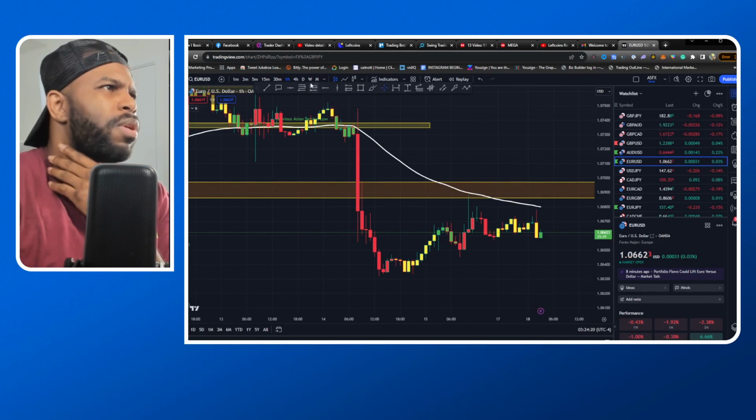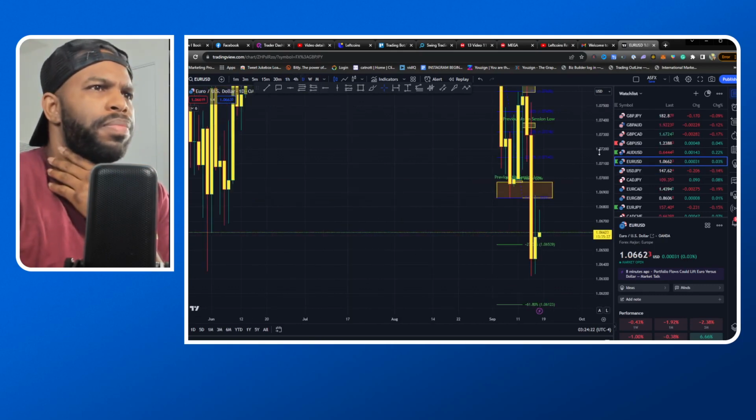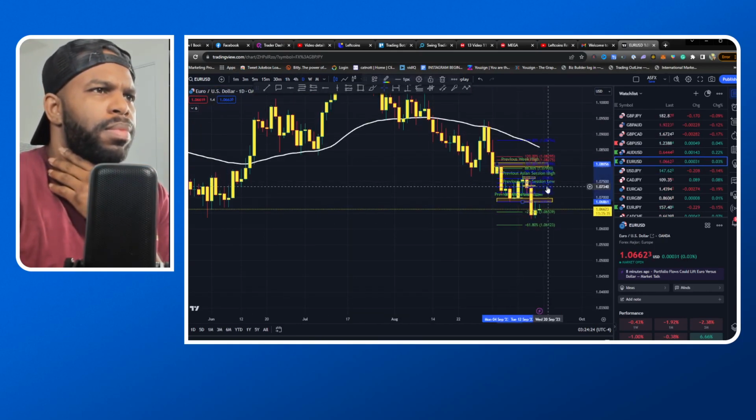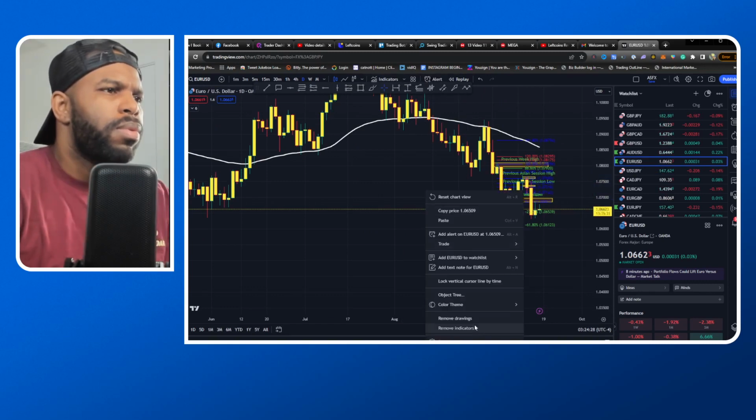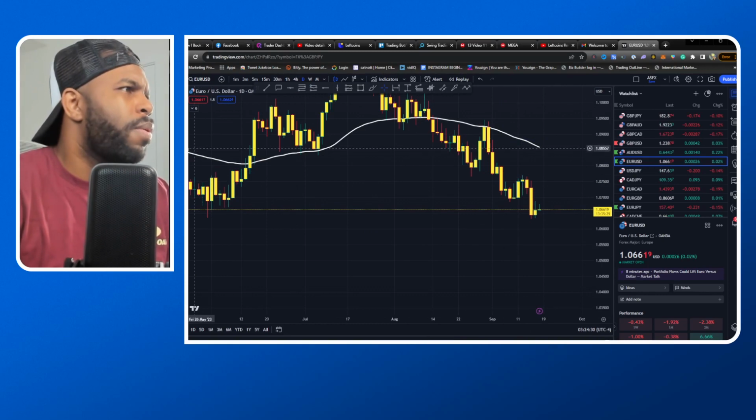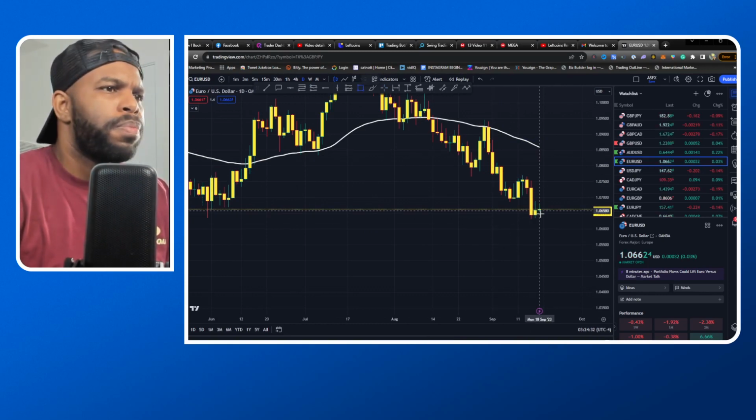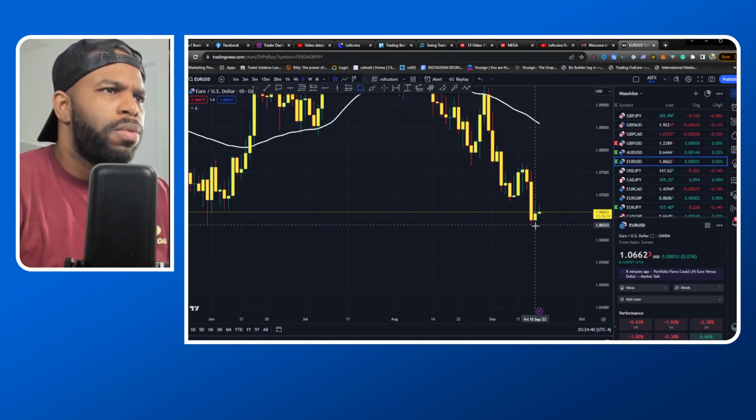I've got some zones already on this chart, but let me go ahead and clear everything off here, so we can start fresh. Okay, so it looks like Thursday was the previous weekly low, from the wick to the body.